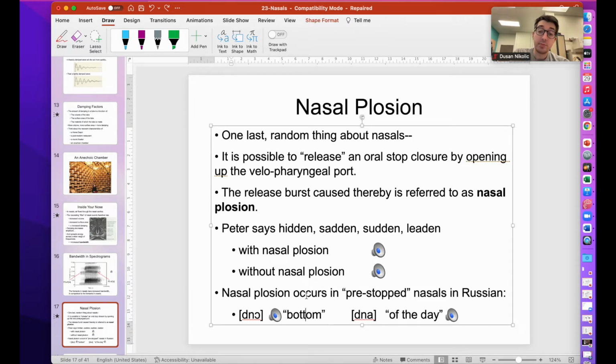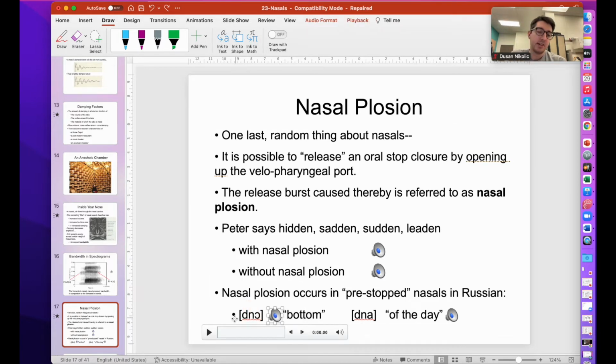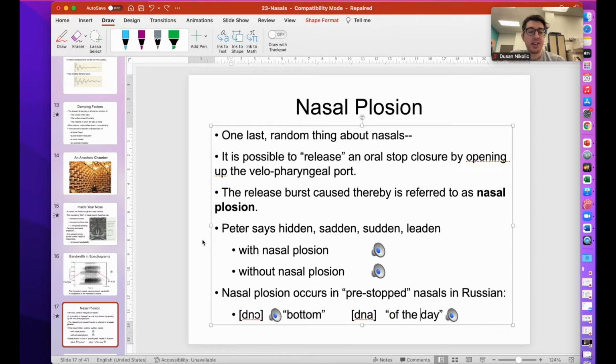Nasal plosion occurs in pre-stopped nasals in Russian, in my language as well. For example, this is the same word as in my language. Dno. Dna. Dna is the bottom of the day. In my language, we would say dno dna, referring to the bottom of what you can reach, the bottomless hole, dno dna, the worst, right?